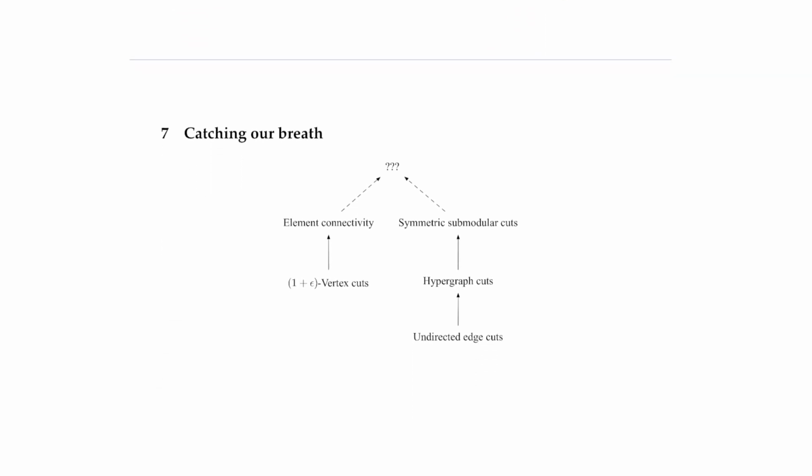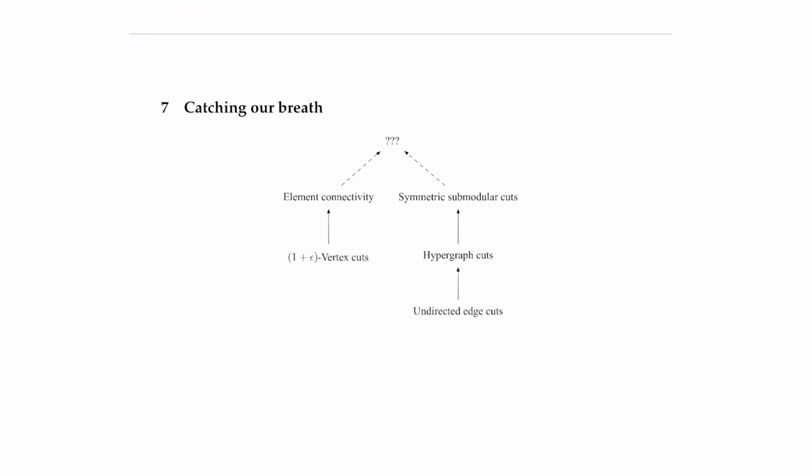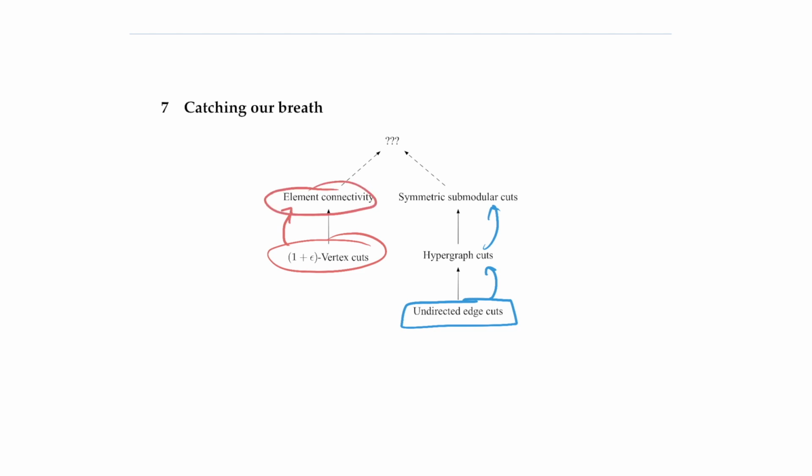Okay, so let me take a half step back and try to understand how these problems are related. We started from undirected edge cuts where everything works nicely. This can be generalized to hypergraph cuts, or even more abstractly, symmetric submodular cuts. Another problem of interest, of course, is vertex cuts, and 1 plus epsilon vertex cuts is captured by element connectivity.